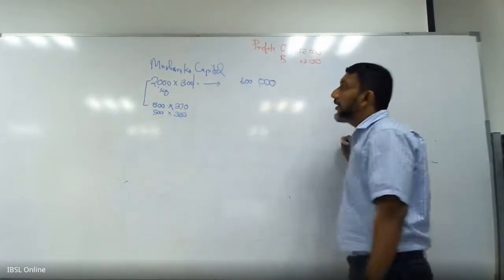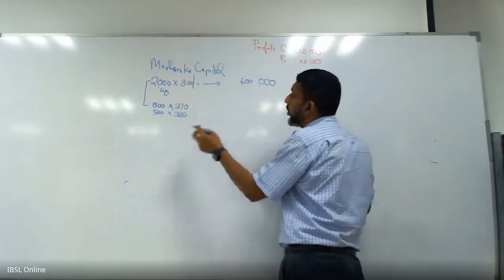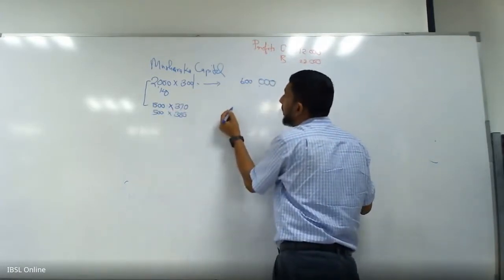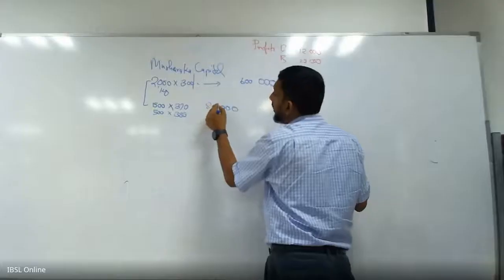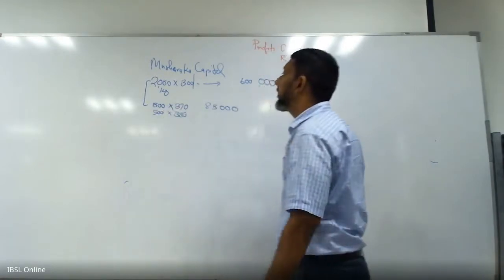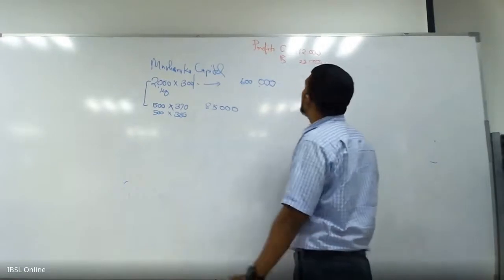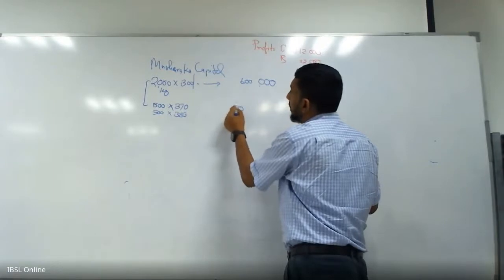So first we'll arrive at the total sales proceeds, or we can arrive at the total profits. 1,500 into 70 is 105,000.